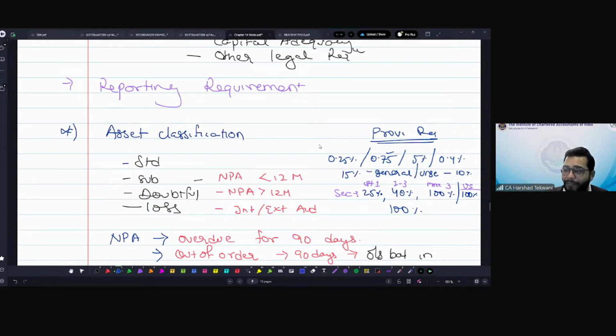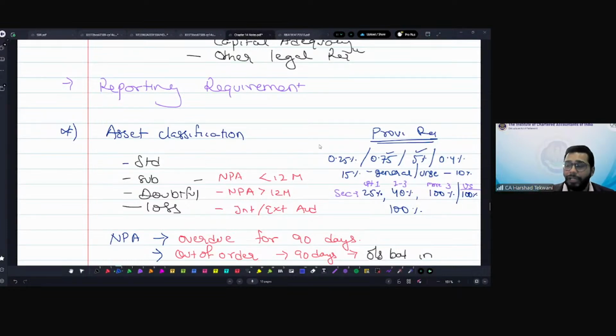Sometimes there is a restructuring: if there is a default and customers are not able to pay, then they restructure the loan, and based on the restructuring they start paying back. After restructuring those are considered standard, but there is more risk because there was a default in the past, so they have 5%.